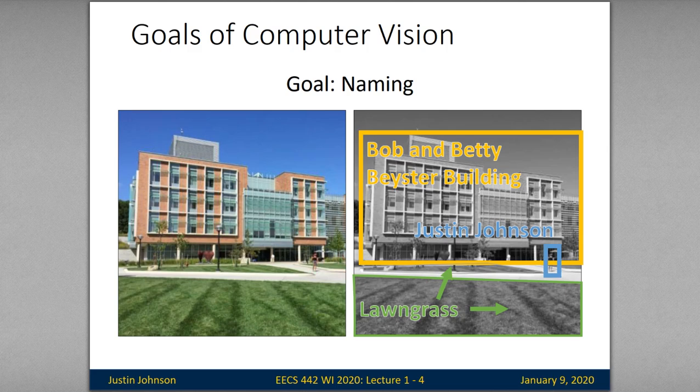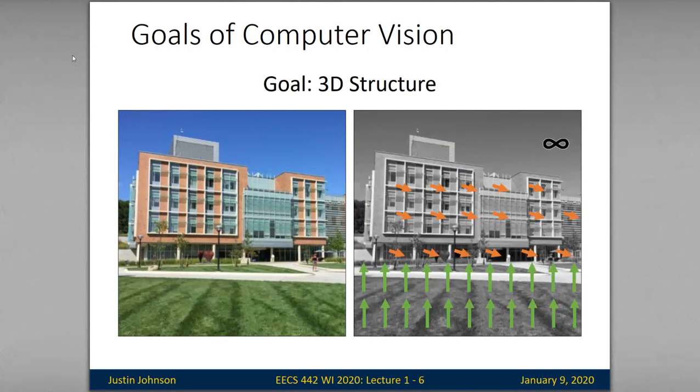So for example, for this view, we would like to make the computer understand that the grass in front of us is flat, and then there is a building which is directly facing us, and above it there is also the sky, which is then infinitely far away.